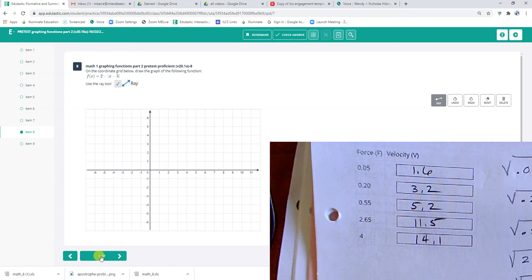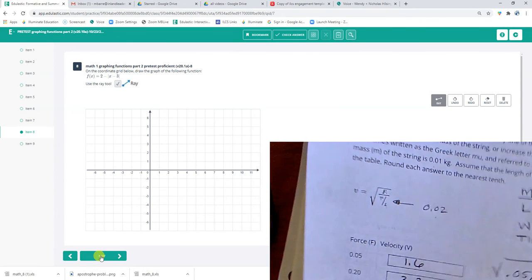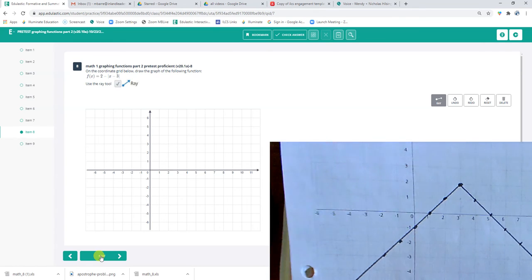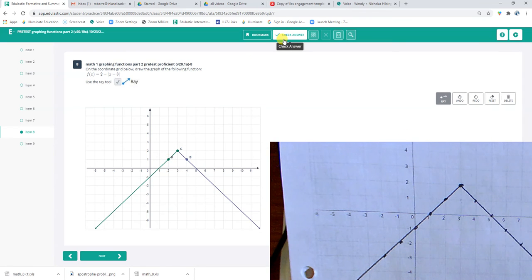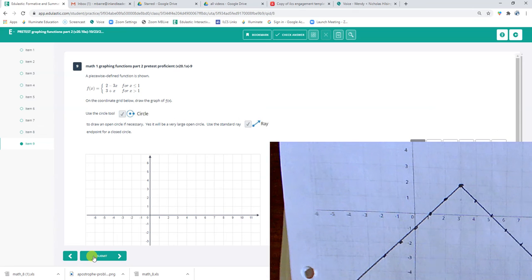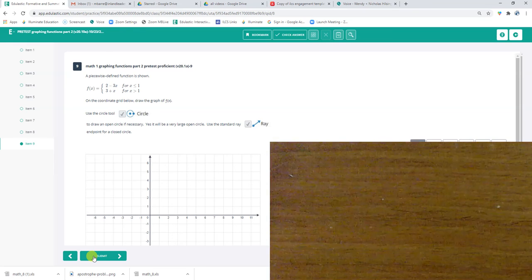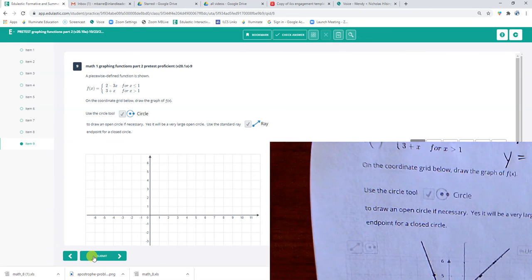Question 8. We're going to graph this. This was a flipped absolute value at 3.2. And then a piecewise function. You know what?